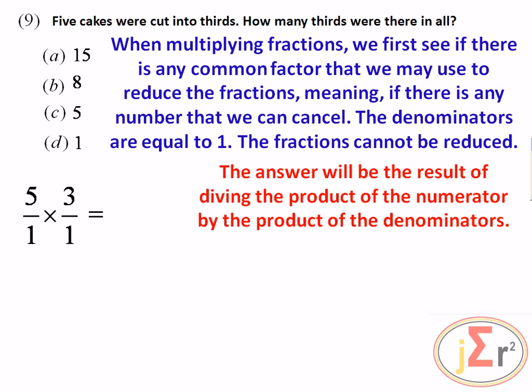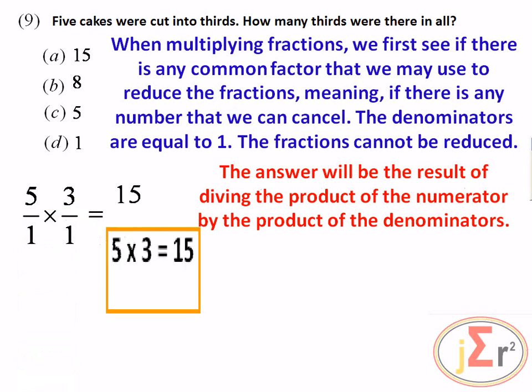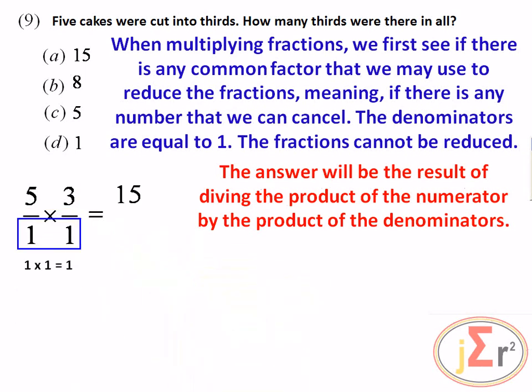That we will always do when the fractions cannot be further reduced. So there we have 5 threes, 15, and then the denominators will be 1. So 1 multiplied by 1 is equal to 1.